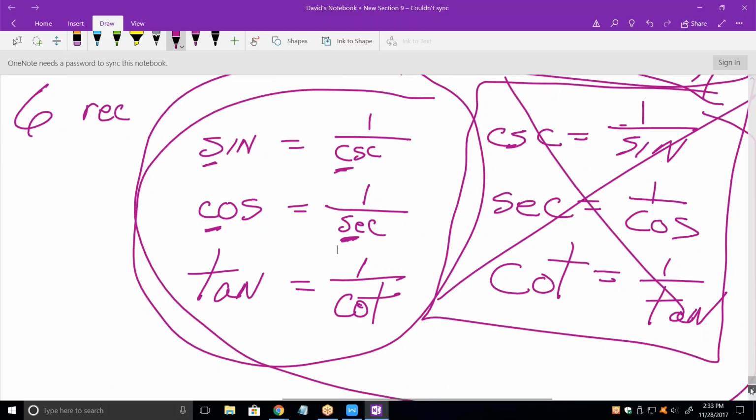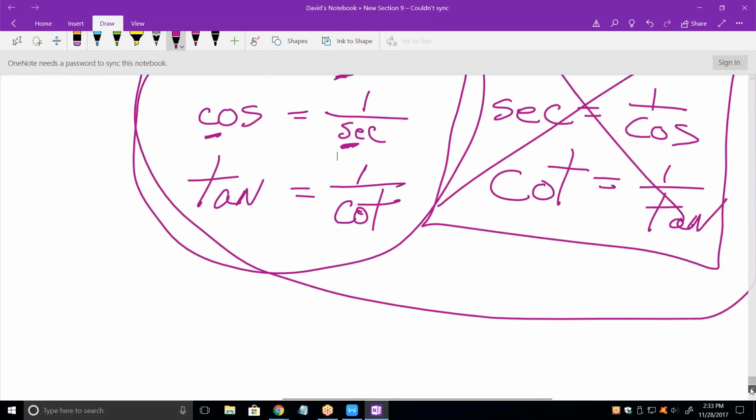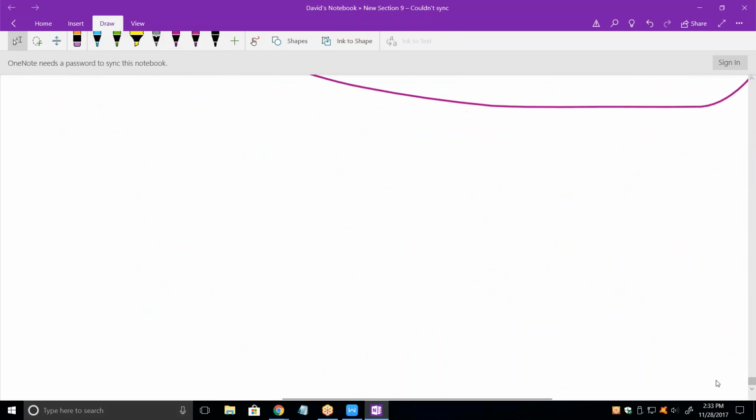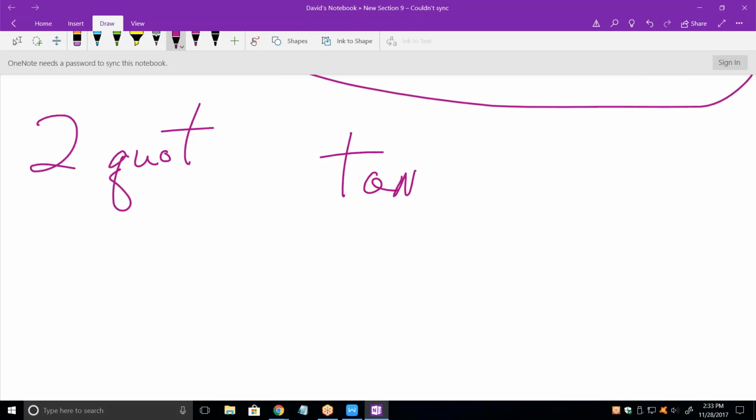Let's go on. There are 6 reciprocals. There are 2 quotient ones you have to memorize. The only one you really have to memorize is this one. What is tangent equal to, in terms of a quotient of 2 other things? Sine over cosine. Okay? That's a biggie.